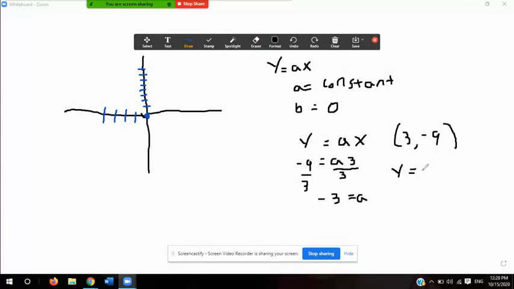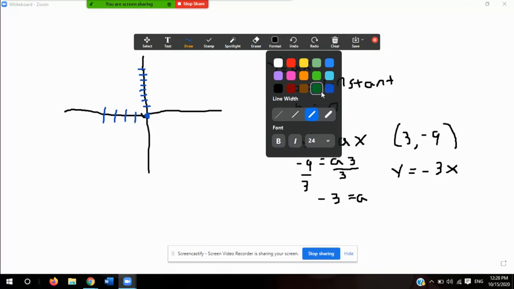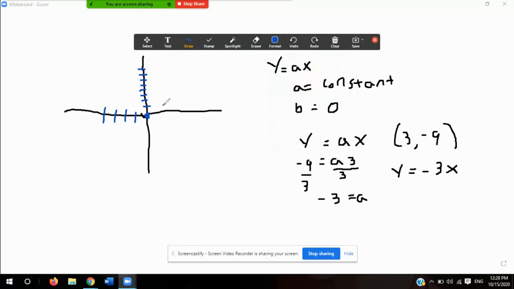So let's go ahead now and graph this real quick. I know that my graph has to go through the origin if it's direct variation, because the y-intercept is 0. But let's graph the points. The first point that we have is 3 and negative 9. So positive 3, 1, 2, and 3.